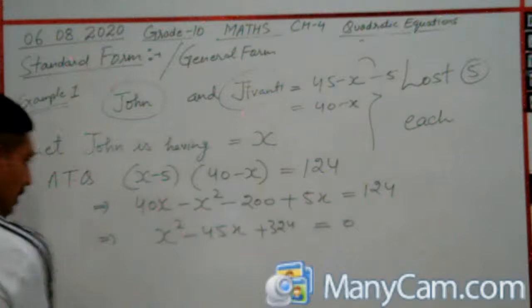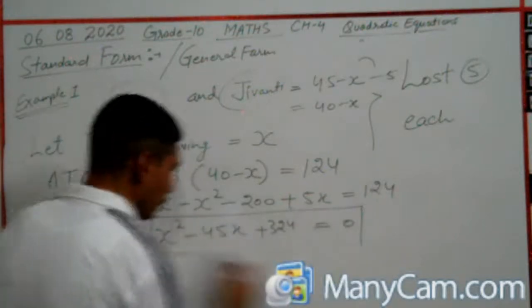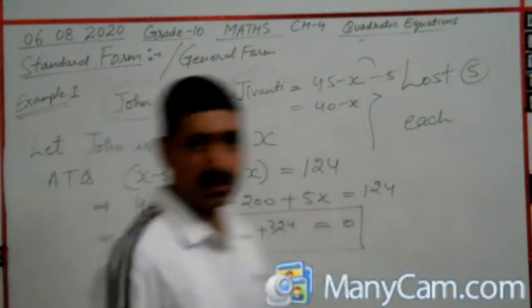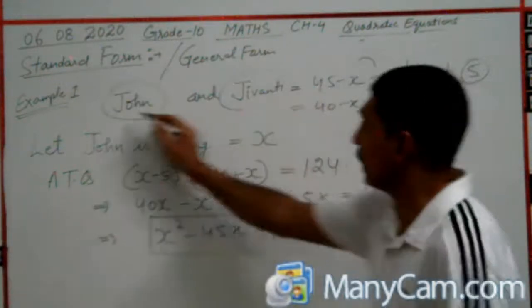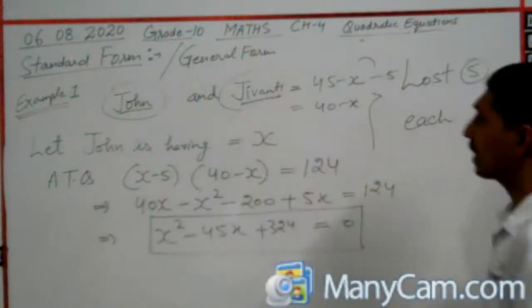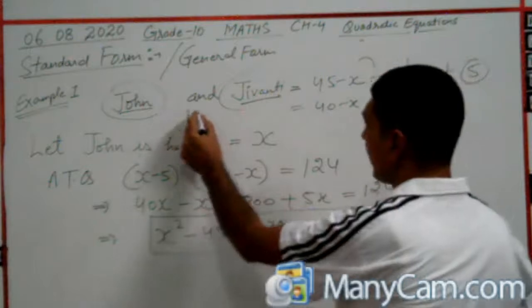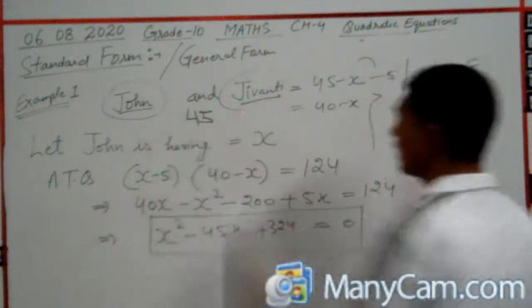Now this is the situation. What is the situation? Two friends, John and Jayanti, have 45 marbles in total, right?